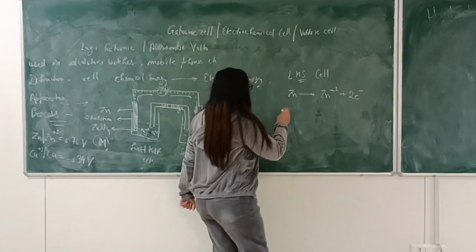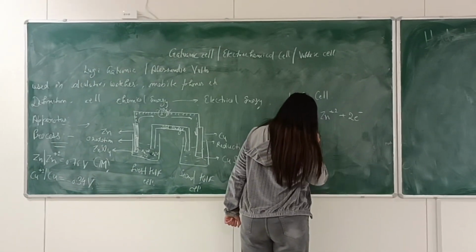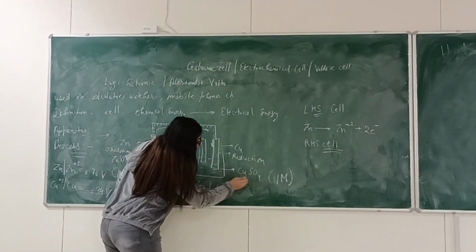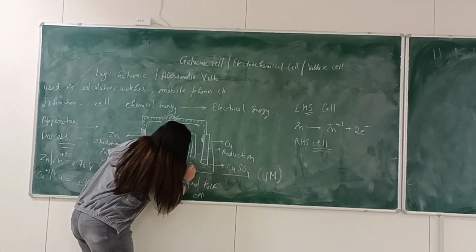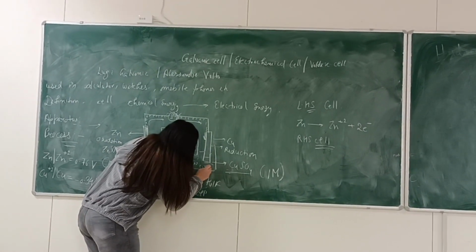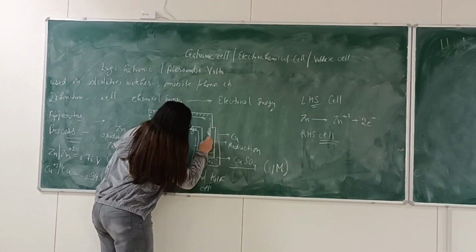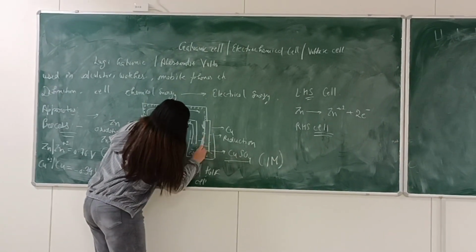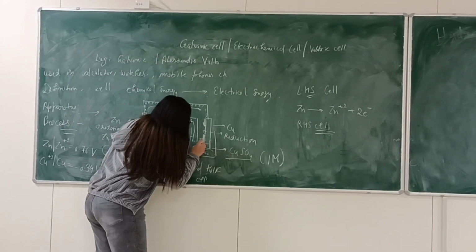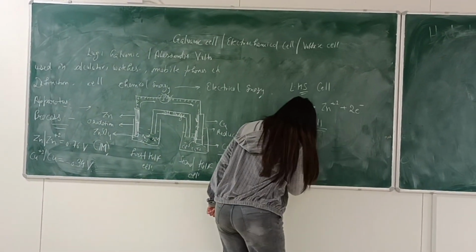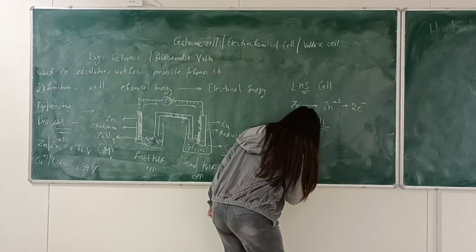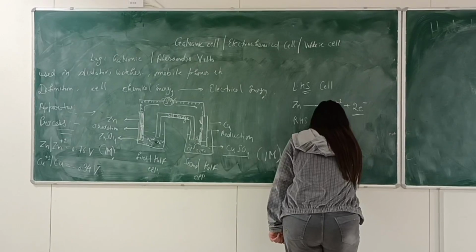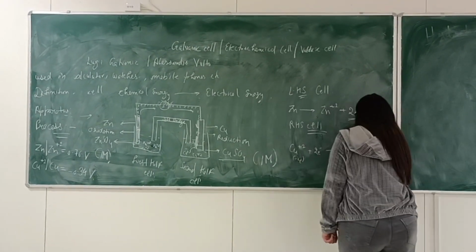In the second half cell, that is the right hand side half cell, we have placed a solution of the copper sulfate. The copper 2 positive from the aqueous phase will gain the electrons that are accumulating on this electrode, accept these two electrons and form copper, depositing here as copper.